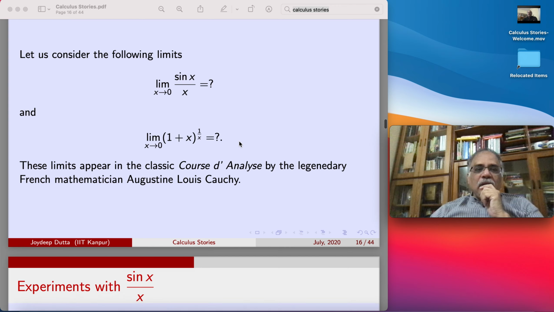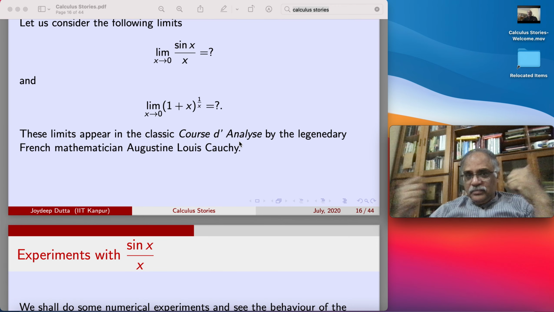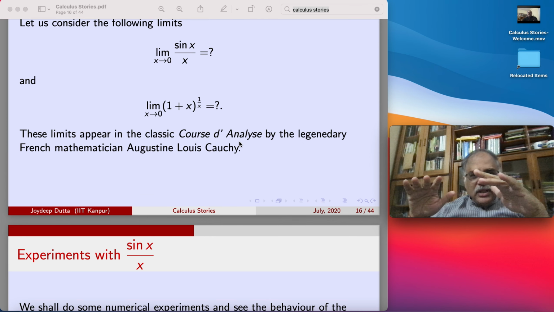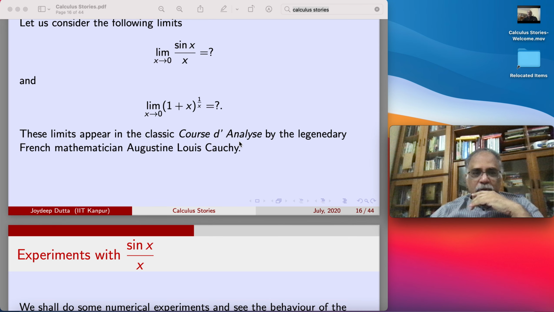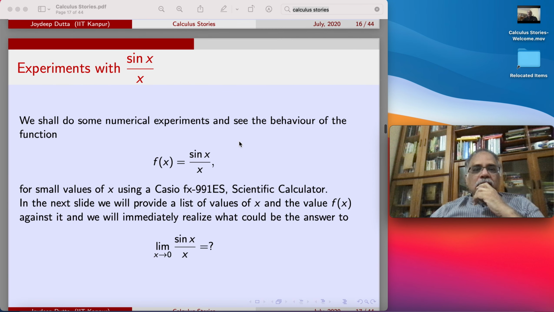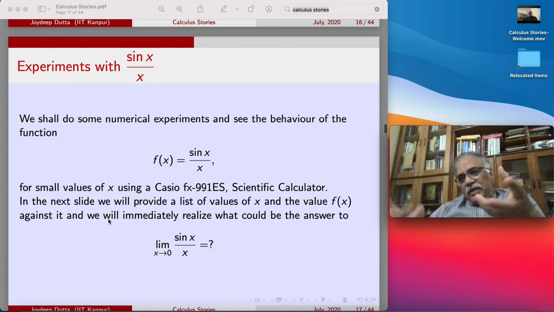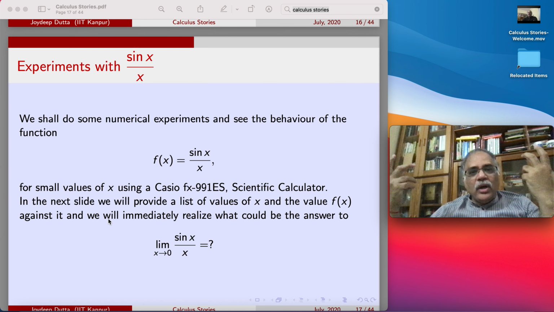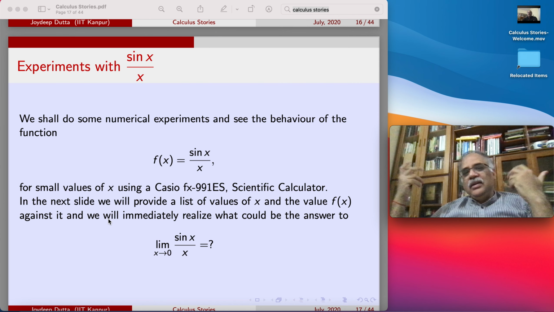Okay. Now let us do some experiments. So let us put x values to be very small in a calculator, and try to see which value this sin x by x goes to. A friend gifted me a Casio FX-991ES scientific calculator long back, maybe in 2018 or 19, which has all kinds of functions.